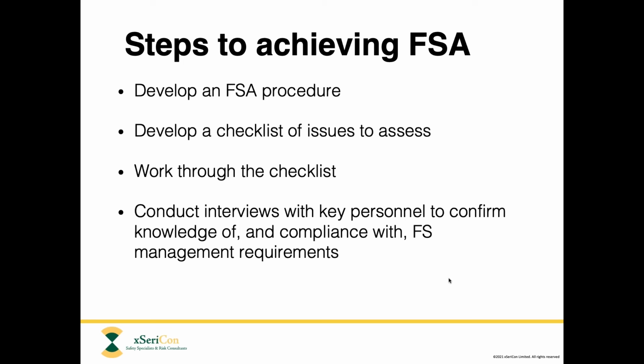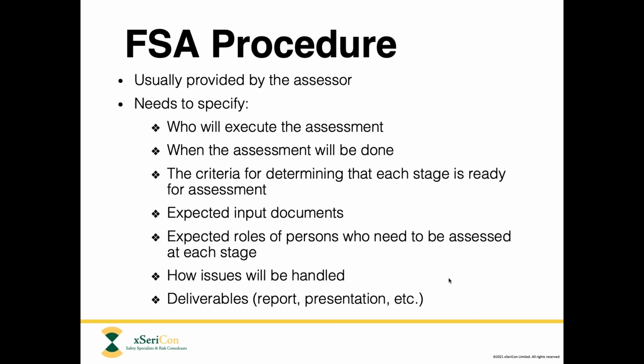So let's talk a little bit about the functional safety assessment procedure. In practice, the procedure is usually provided by the assessor, himself or herself. The reason that it's provided by the assessor and not by, for example, the engineering company or the end user, unlike, for example, the HAZOP procedure, is that normally the end user or the engineering company don't have that much experience of FSA, and they tend not to have that clear an idea of how they want to achieve it.